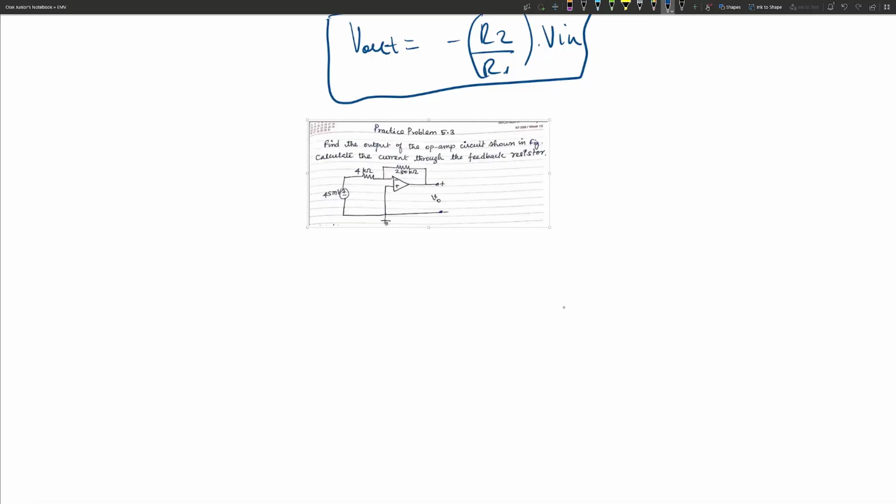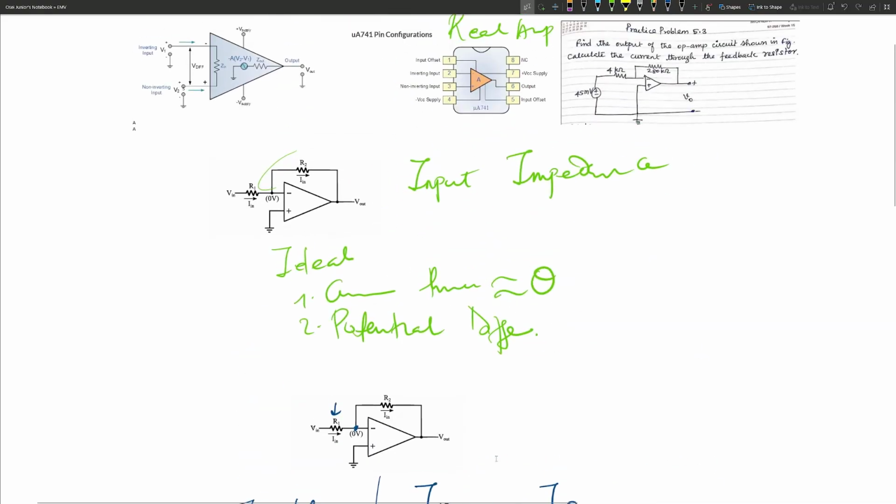Find the output of the op-amp circuit shown in the figure. Calculate the current through the feedback resistor. So 1 is the output, and 2 is the current through IRF. This is the feedback resistor, because it feeds the value back.